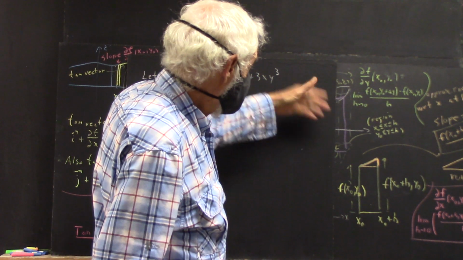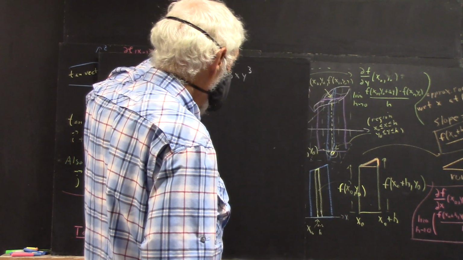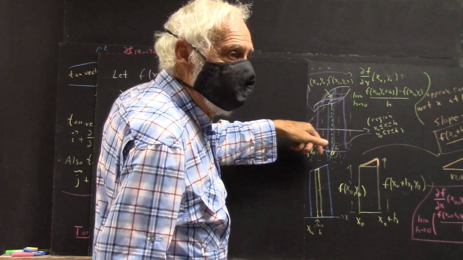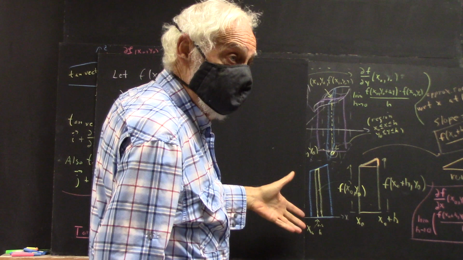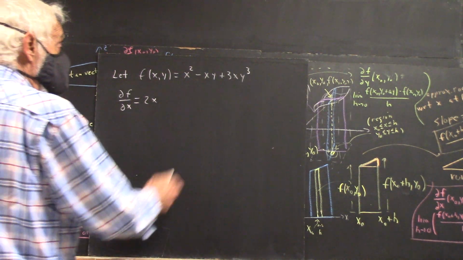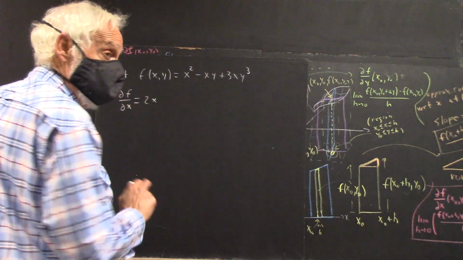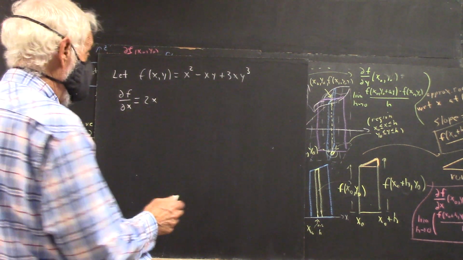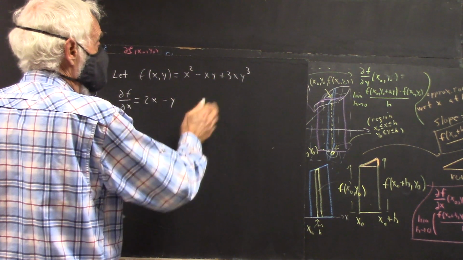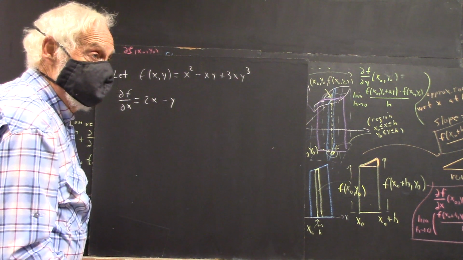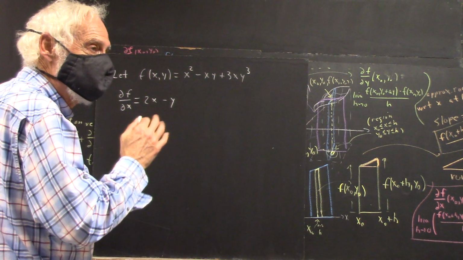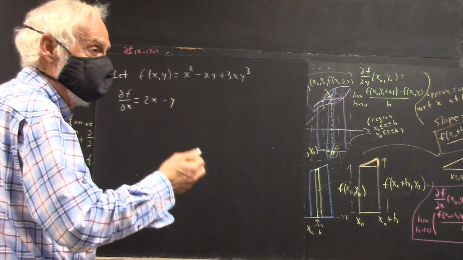When we slice this thing to calculate the partial with respect to x, it was in a plane where y equals y naught. y was constant. So we treat y as a constant. So the derivative of xy is just y. And the derivative of x times 3 would be 3, right? The derivative of x times a, where a is a constant, would be just a.